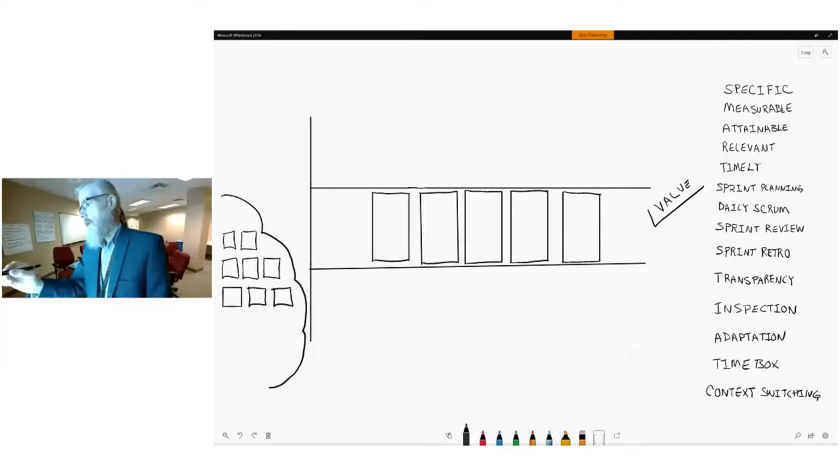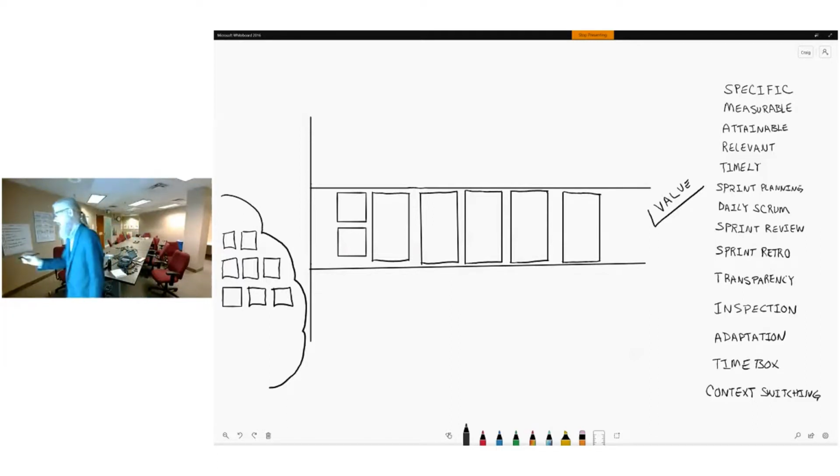All right, so let's start here in the beginning. And I like to say that these sprints are bookended by some important meetings on the front and on the back.